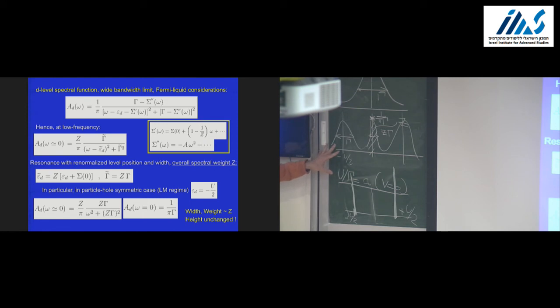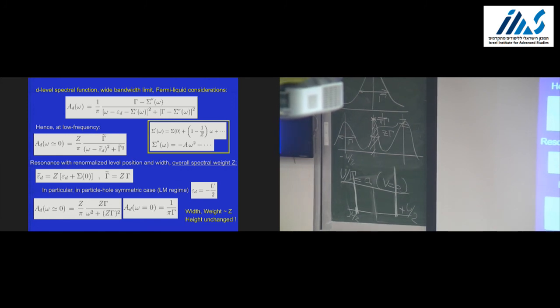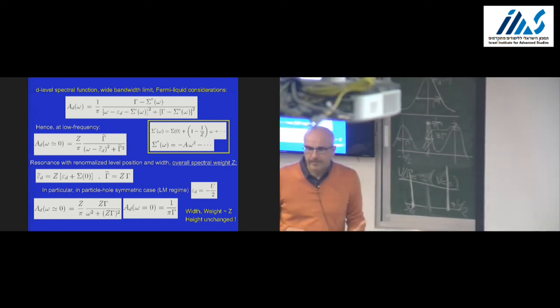So just looking at this, it seems very natural that this scale here is the effective scale below which you have to go to see quasi-particle excitations appearing. Okay?